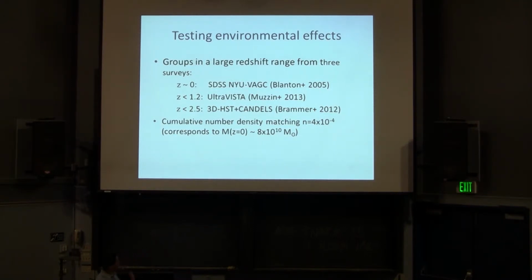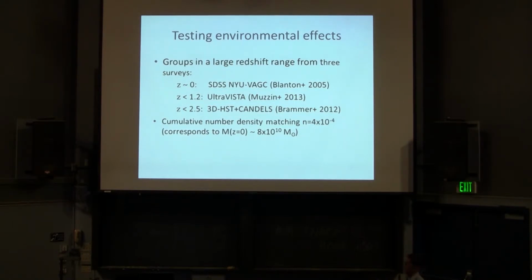The nice thing is that now I can go a little bit up in number density, or lower in mass. You might notice that at redshift 0, the mass of my centrals is just a little more than Milky Way mass in terms of stellar mass, which is nice because then I'm going down in mass to a more representative sample of galaxies.